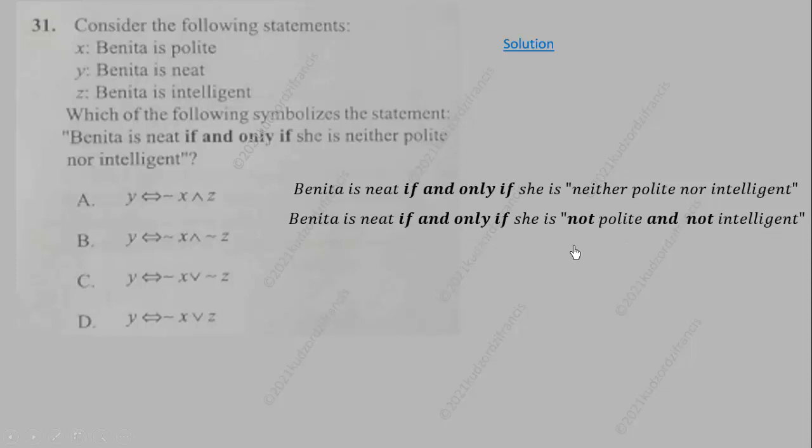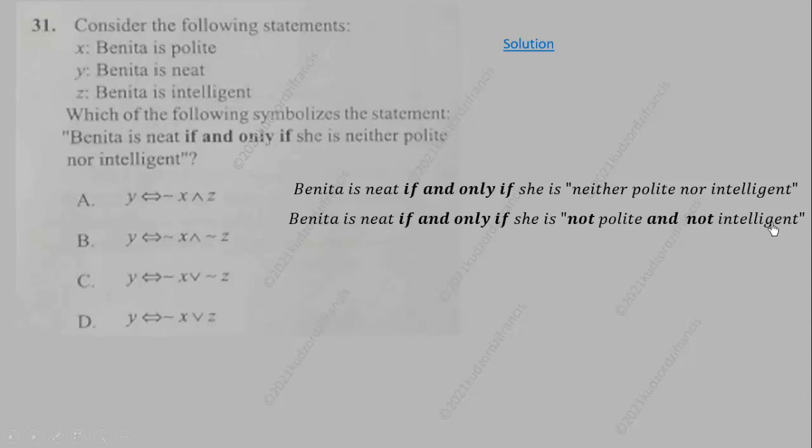Now the statement that is given to us, Benita is polite, is X, but now Benita is not polite. So we negate it. Negation of X is Benita is not polite. Then the conjunction symbol for and.